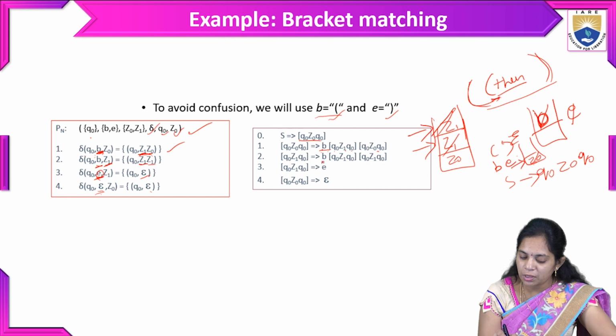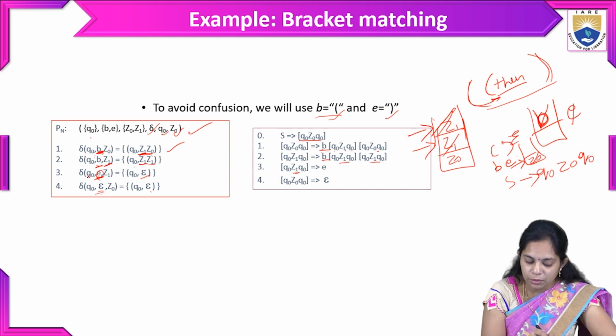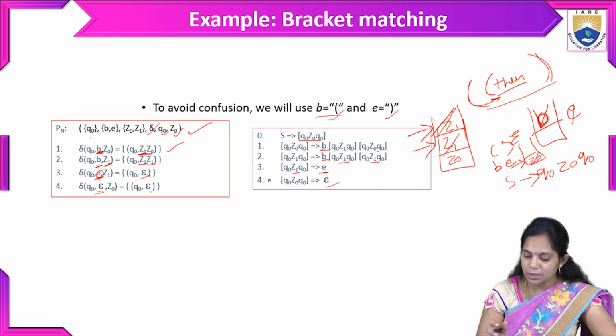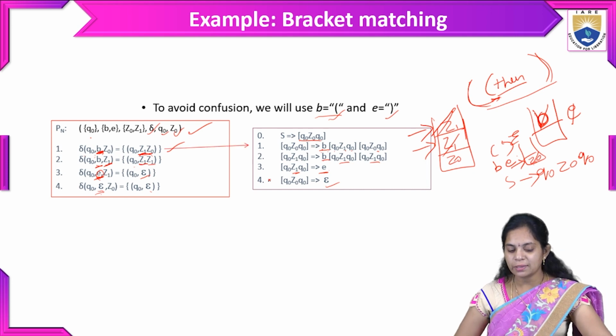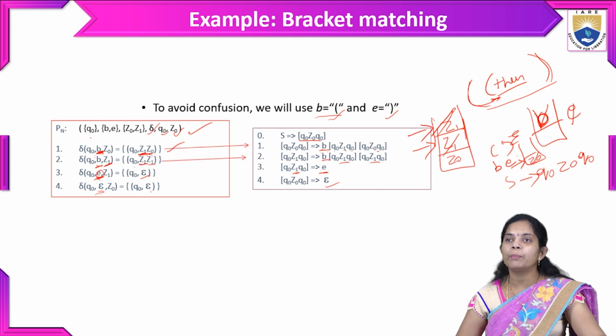And for the B terminal, the same thing, two Z1s are there. For every Z1 we are doing like this. And for Z1 input symbol E, whenever E appears, we have to follow. And epsilon we have to follow. So step by step we are converting transition functions to push-down production rules.